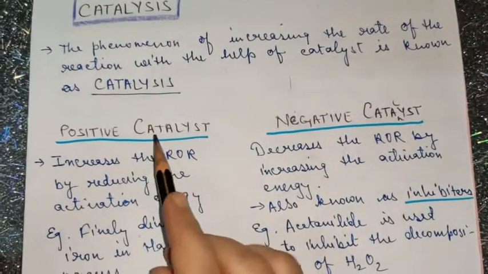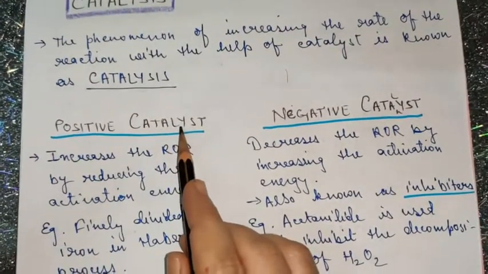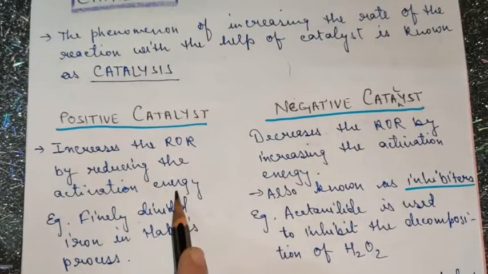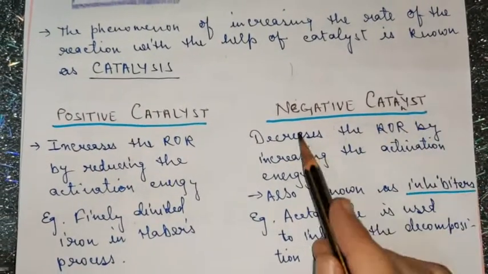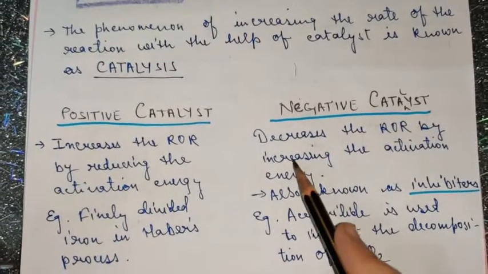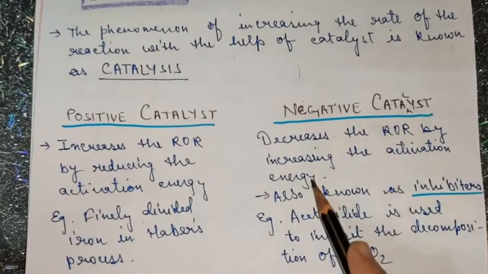That means it can increase the rate of reaction by reducing the activation energy. At the same time, there are various other catalysts which can decrease the rate of reaction by increasing the activation energy.